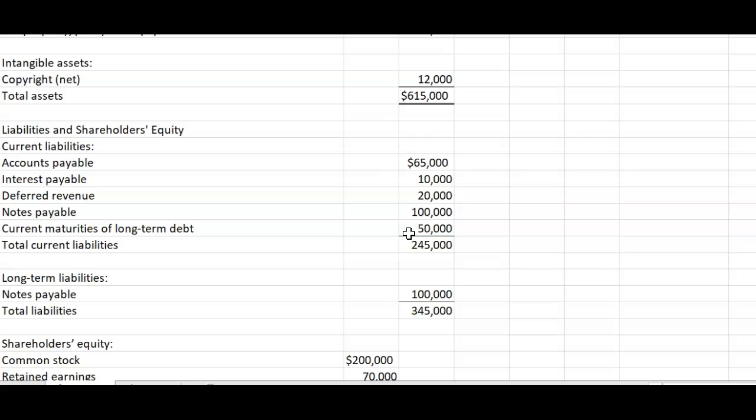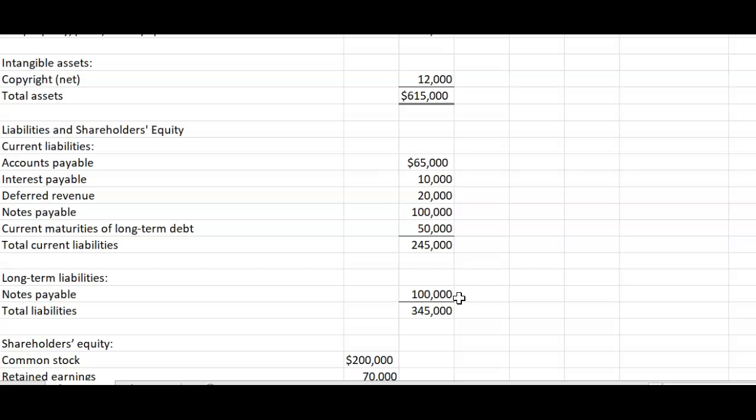It's due within a year. That is why it is listed as a current maturity of long-term debt. The remaining debt is considered notes payable greater than a year from the reporting date, December 31st, and is $100,000.